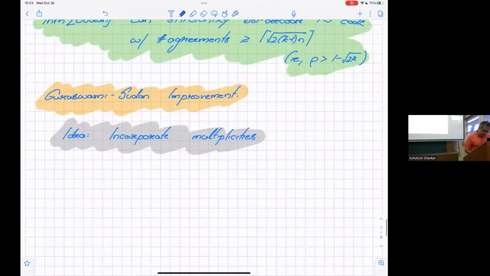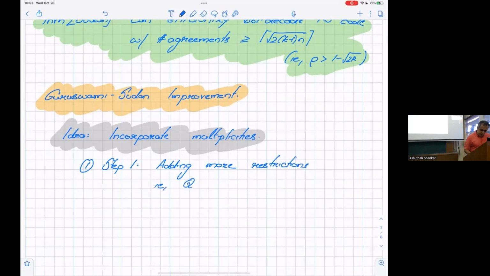That is, basically for step 1, this is adding more restrictions. That is, Q of x, y has r roots.